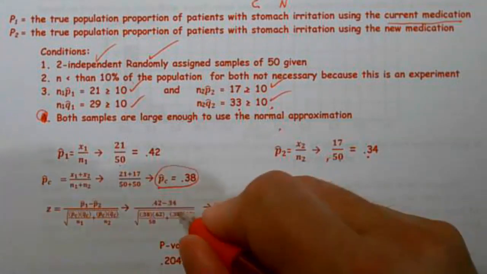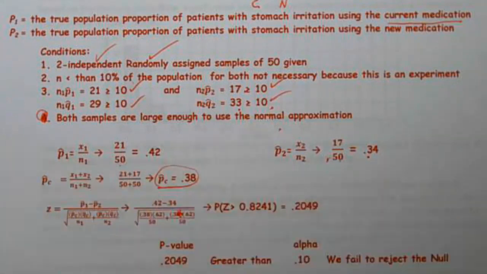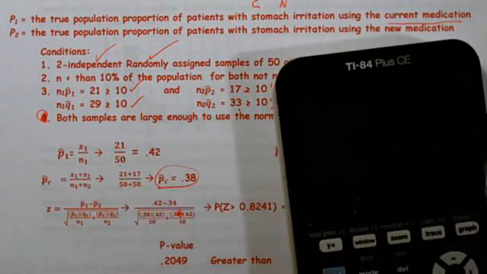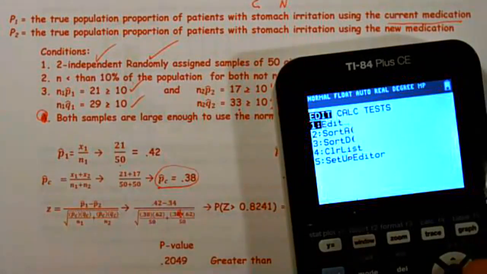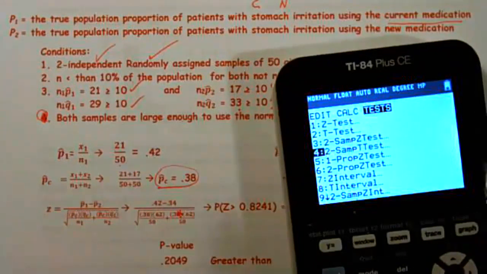This should have said 0.34. That's a typo. That should say 0.34 times 0.62 over 50. So let's go ahead and plug this into the calculator. Since this is two proportions, stats, test, two proportion z-test, which happens to be number 6.